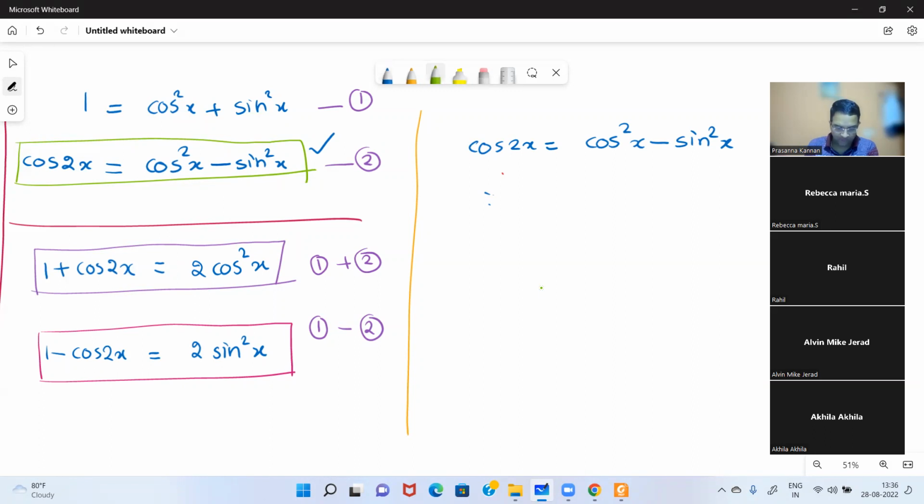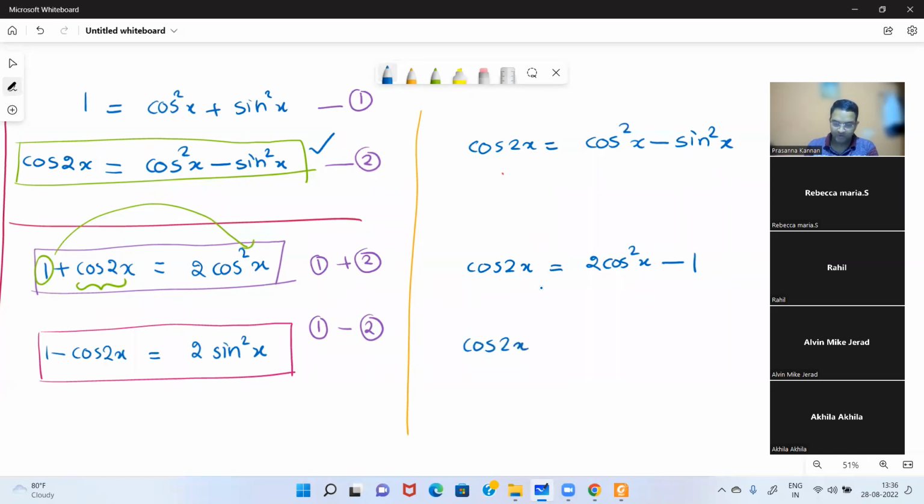Now from this equation, if you keep cos 2x here and take it to the other side, what will you get? On the right hand side, you have 2 cos square x. This one, if you take it to the other side, it will become minus 1. So 2 cos square x minus 1 is cos 2x.